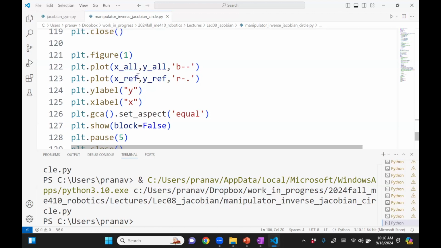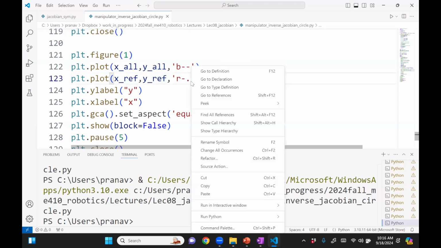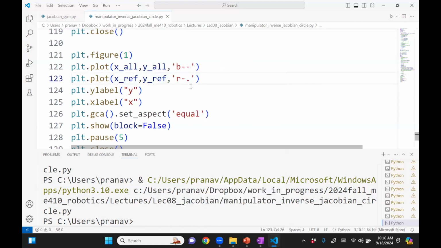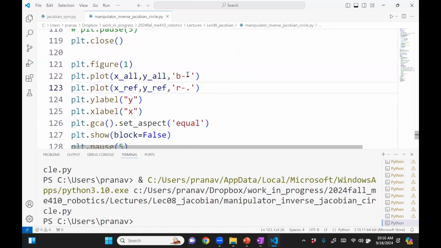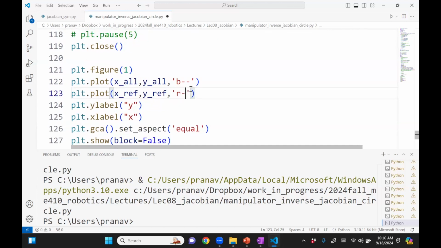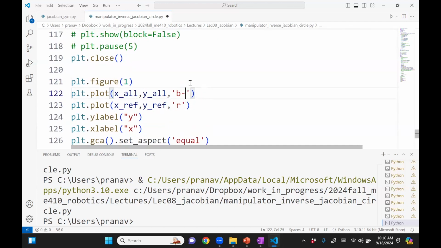Blue and red. Red seems to be the reference, and then the blue seems to be this. So I think a better way to write this is you probably want to have a solid line for the reference. So I think this is better.